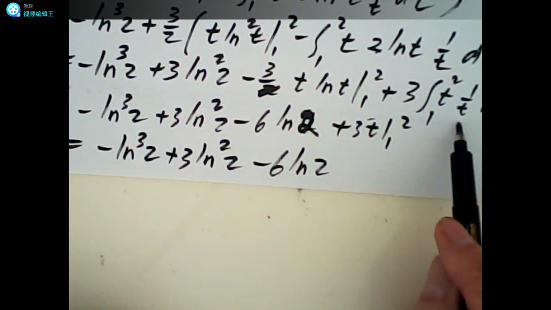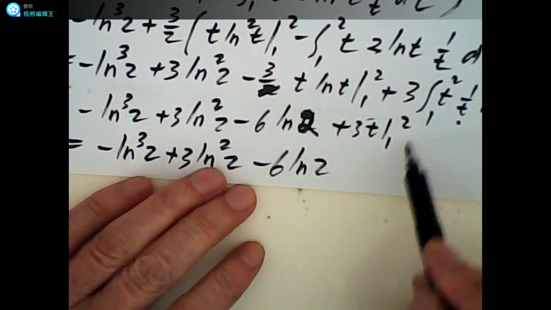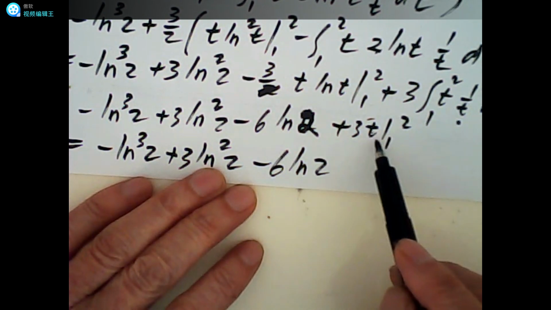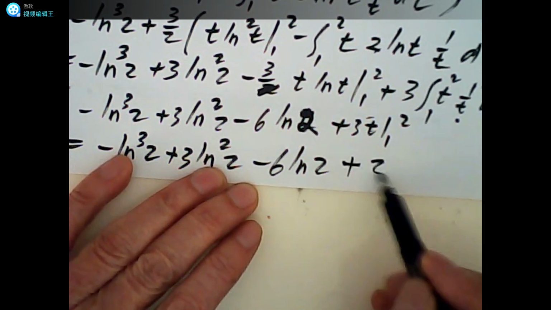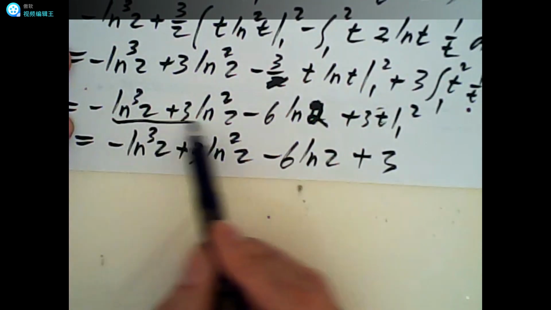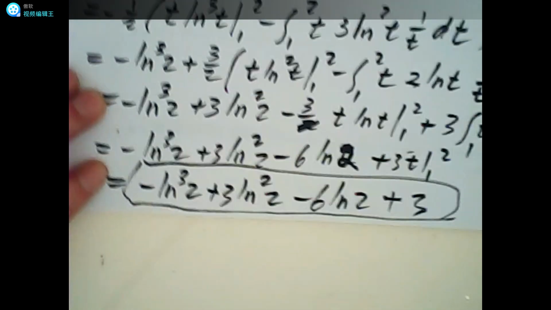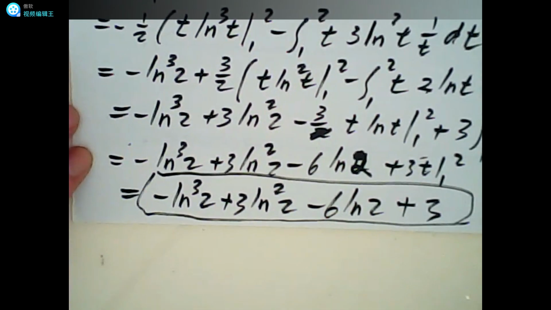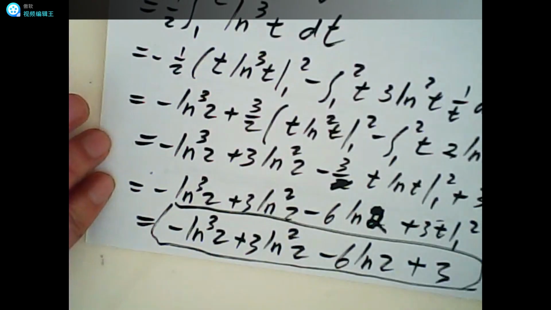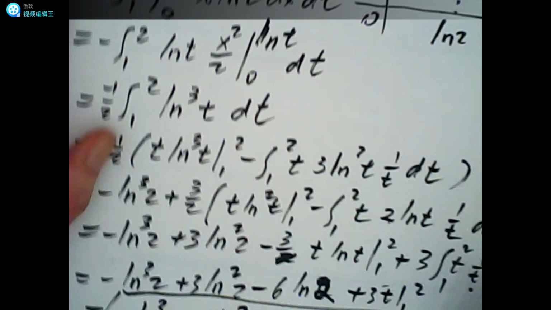This is 6. 6 minus 3 is plus 3. So, okay, that is the answer by method 2. I think, yeah, same answer. So you can go over the details.